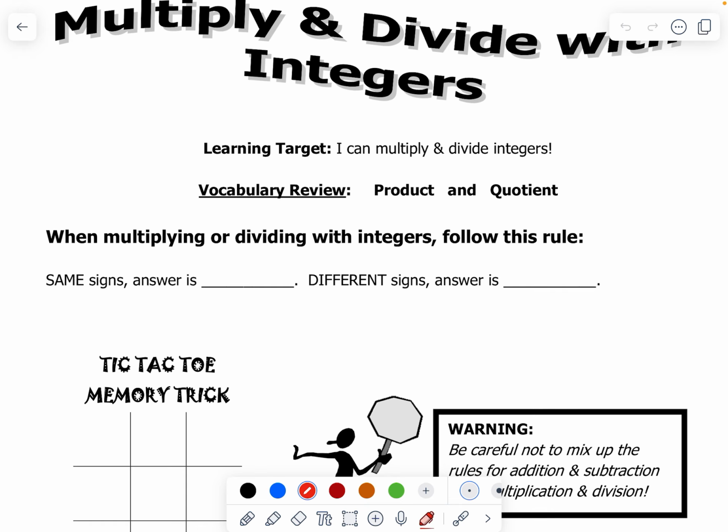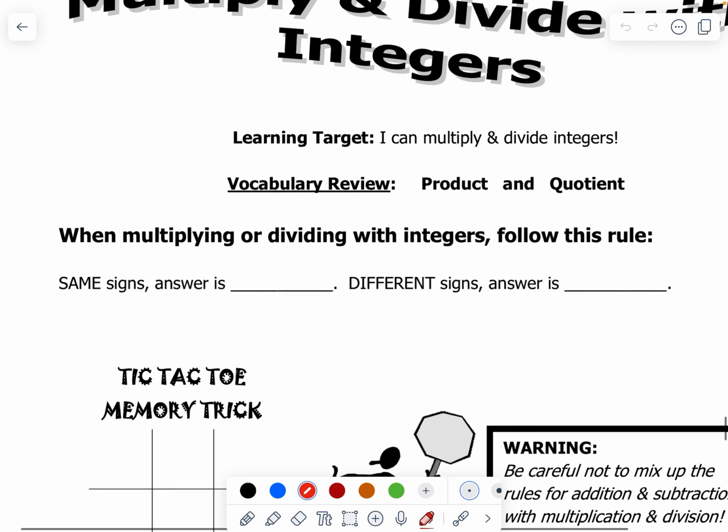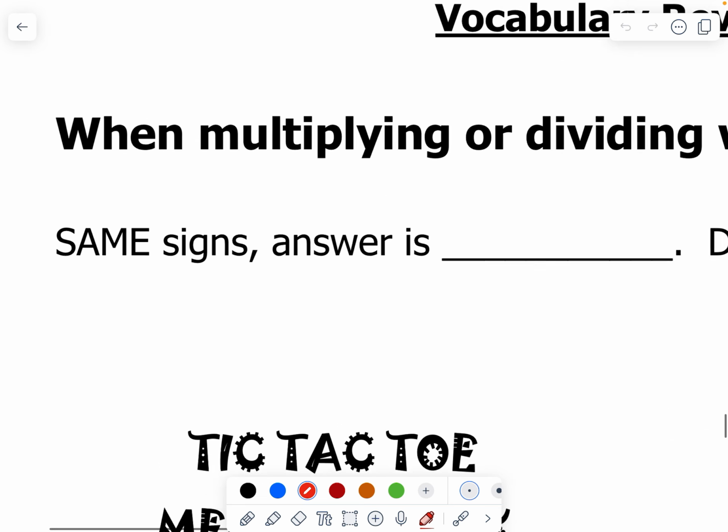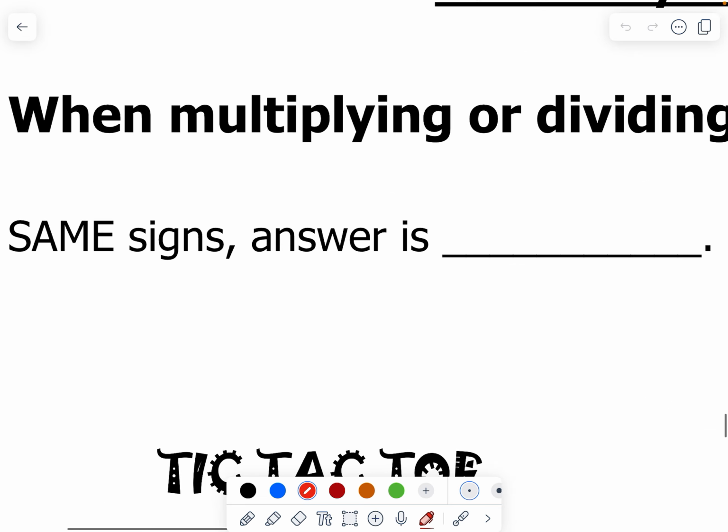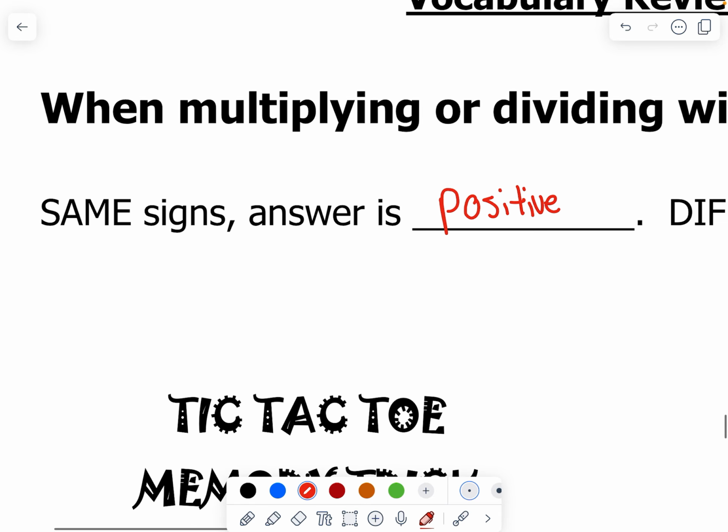So some new rules. If you are multiplying or dividing integers, which is positive and negative numbers, you're going to follow these rules. Same signs, the answer is positive. This is not new to you because you've seen things like 3 times 5, and we know that's 15, or 4 times 2, which is 8.